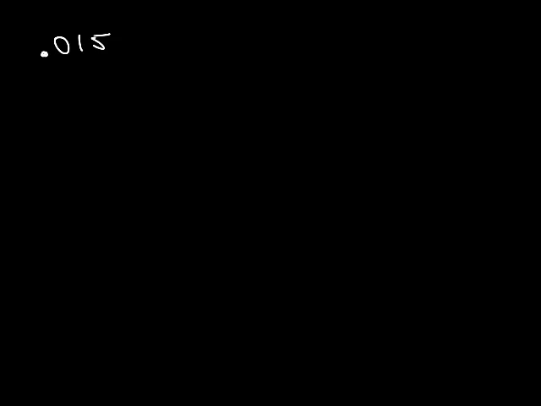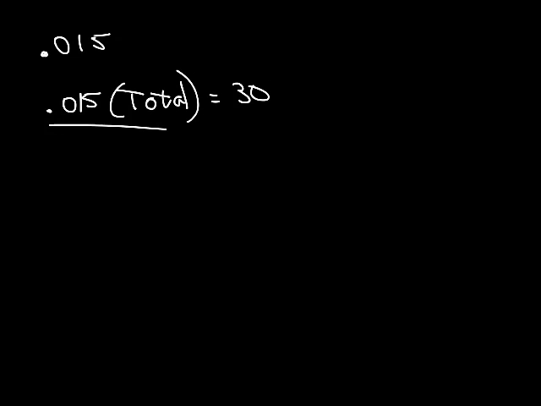So, 300 were brave or fearless, and that was 0.015 of the teachers. So 0.015 of the total number of teachers were fearless. And 0.015 of the total gives us 300, it says there, that fell into that category.